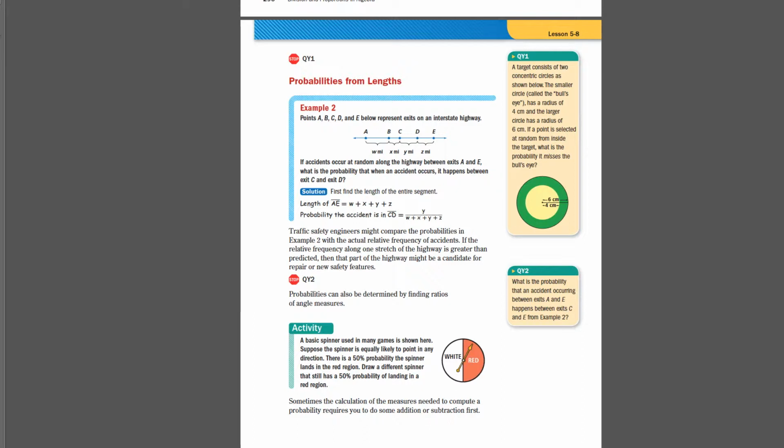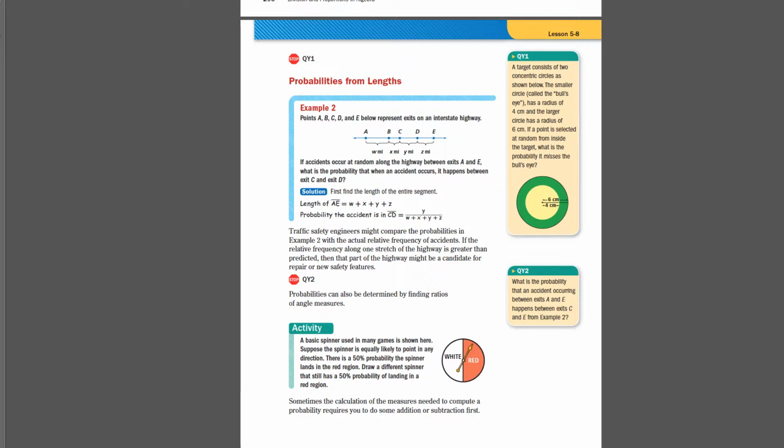We're going to divide by it. The length we're interested in is between C and D. That's y miles. So we take the length y and divide it by the total length.